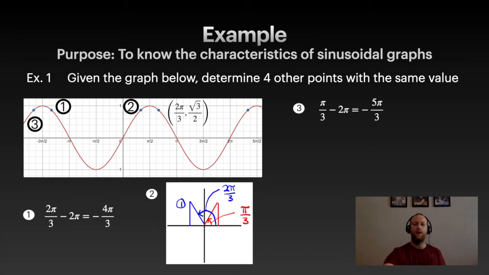There's point 3. To get point 4, I'm going to do the opposite. So start at point 2, and I'm going to add 2 pi to get to point 4. So this gives me 7 pi over 3. So these are the 4 points that are at the same y value. I've got negative 4 pi over 3, I've got pi over 3, I've got negative 5 pi over 3, and 7 pi over 3.